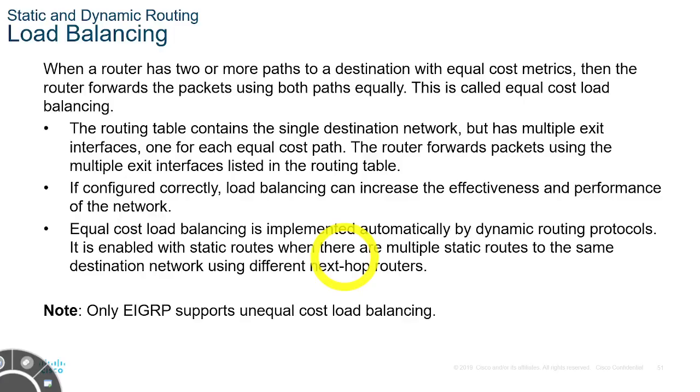For example, it has 3 paths and all 3 paths have 5 milliseconds delay. What should the router do? The router forwards the packets using both paths equally. This is called load balancing. So if we have the same cost on the 2 paths, the router will use the 2 paths to forward this information.